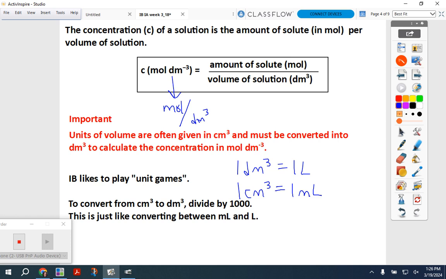The other unit designation that we use as a shortcut is capital M. That means molar, and it means moles per liter also. And that is what you're going to see on any solutions that you see in here. Usually in chemistry, we don't talk about percentages, we talk about molarity.